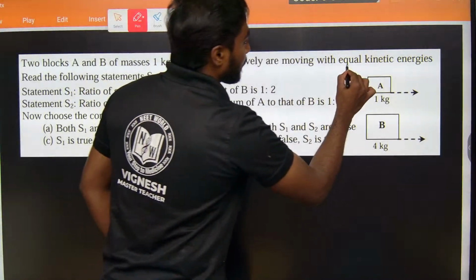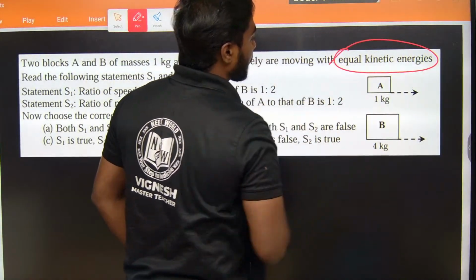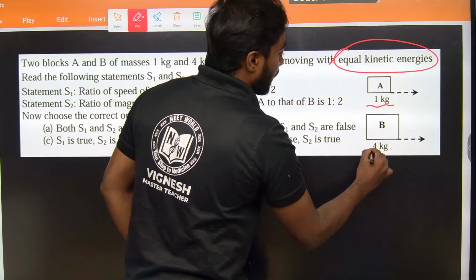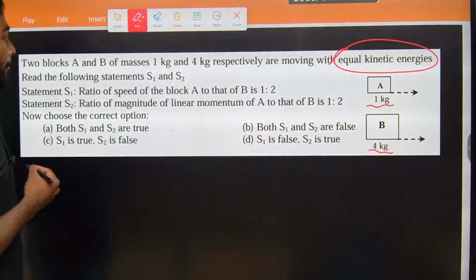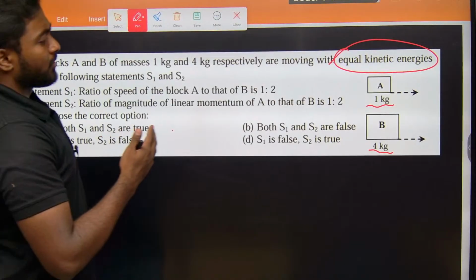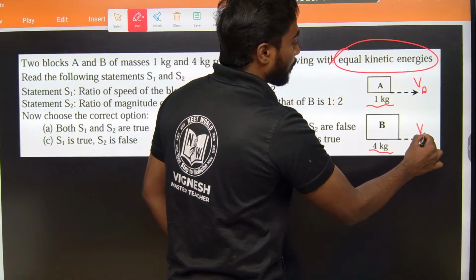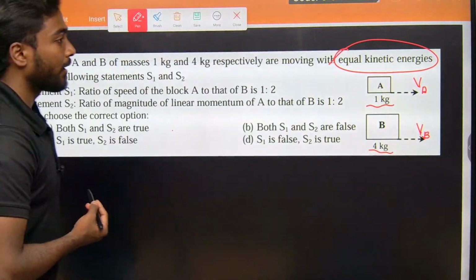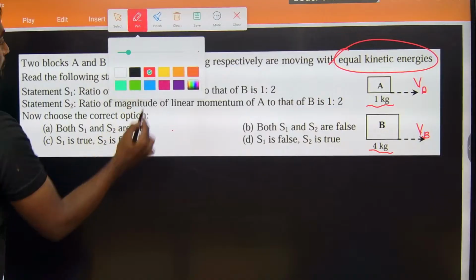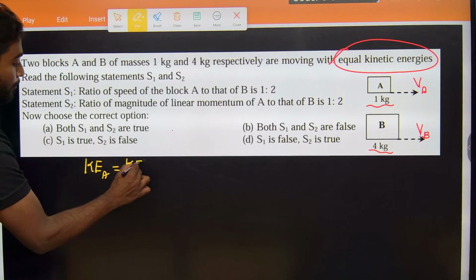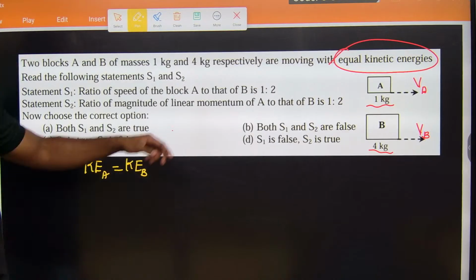Let block A move with velocity VA and block B with velocity VB. So the kinetic energy of A should be equal to the kinetic energy of B. This is the given thing in the question.